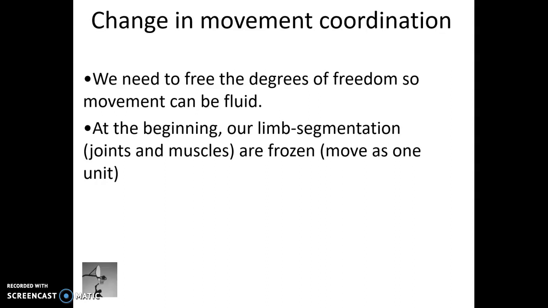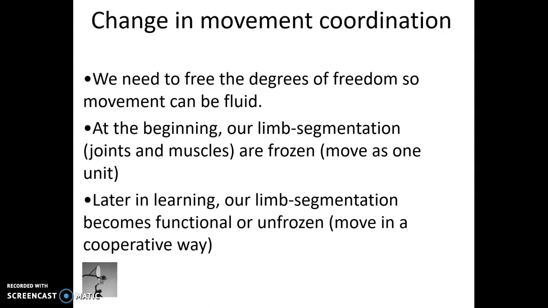Think of a youngster trying to catch a ball or running versus a skilled performer catching a ball or a skilled runner. So we go from fewer degrees of freedom to more degrees of freedom, the more skilled a person is. As we become more proficient in a skill, our leg segmentation becomes much more functional.